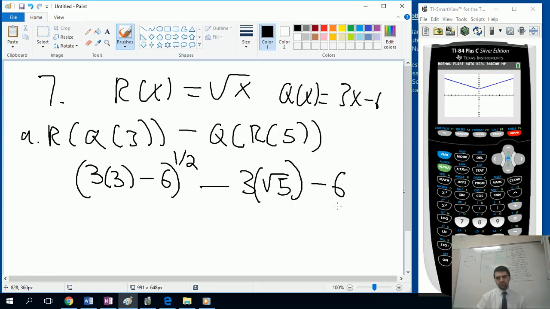So this is going to be simplified to 9 minus 6 to the 1/2, which is going to be equal to 3 to the 1/2 power. And this is going to be minus 3 times the square root of 5 minus 6.